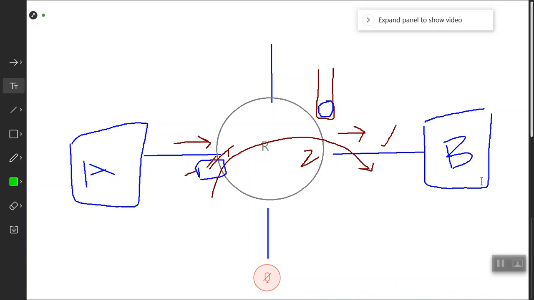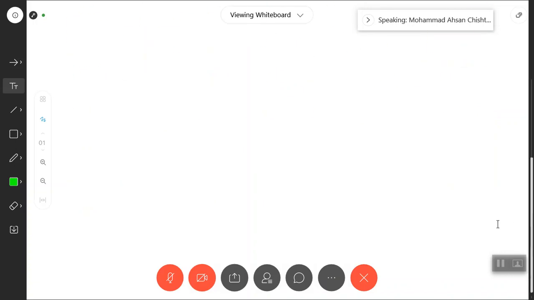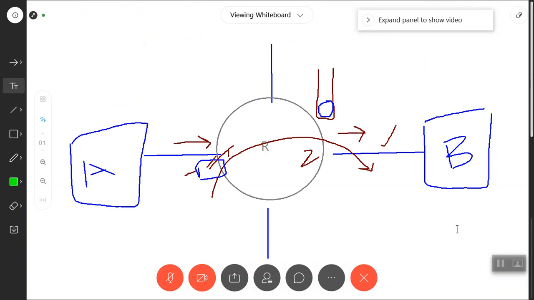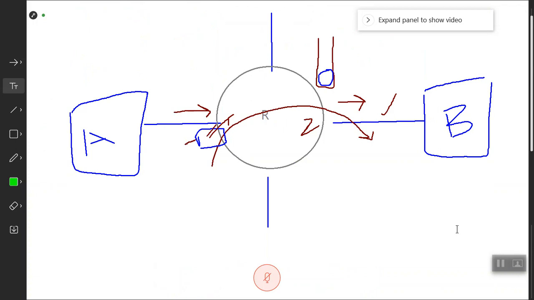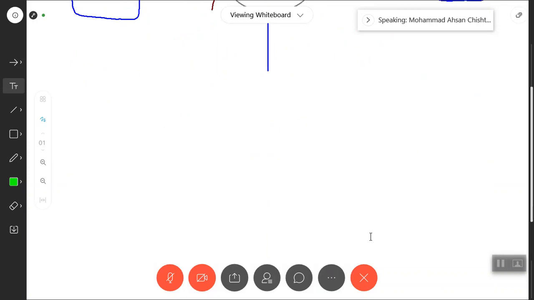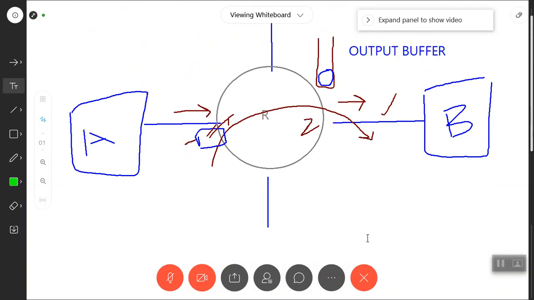So if an arriving packet needs to be transmitted across the link, it finds this link, the one which has a tick, busy with transmission. So this packet has to wait in an output buffer. So I'll term this as output buffer.